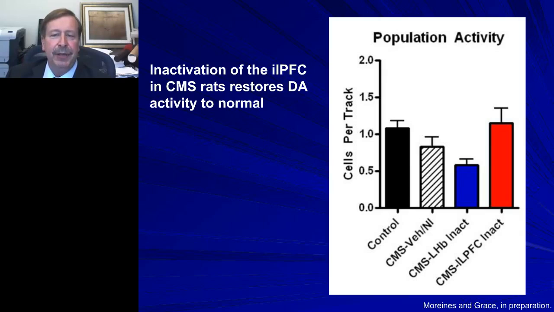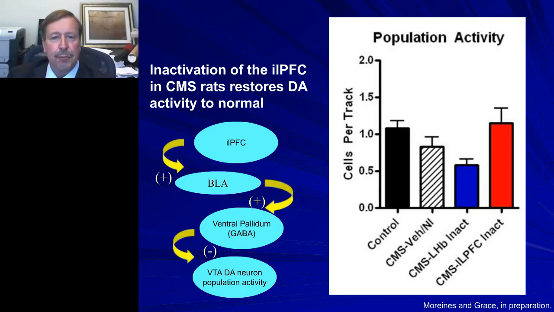In contrast, the lateral habenula, an area that's also known to decrease dopaminergic neuron firing, doesn't show this kind of attenuation. This suggests that with chronic multiple stressors, it's the infralimbic prefrontal cortex hyperactivity, an area also seen to be hyperactive in depression, that activates the basolateral amygdala, an area hyperresponsive in depression, which overdrives the ventral pallidum and inhibits dopaminergic neuron firing.